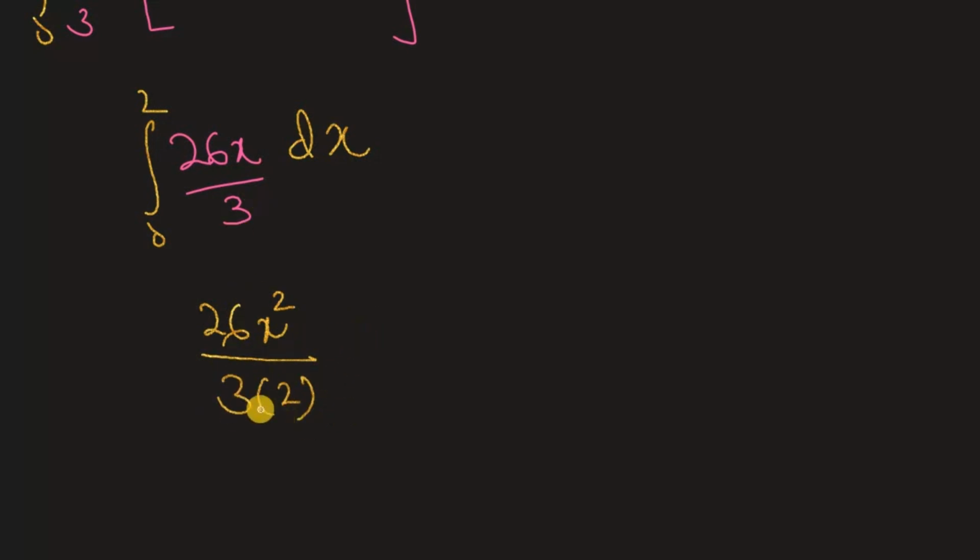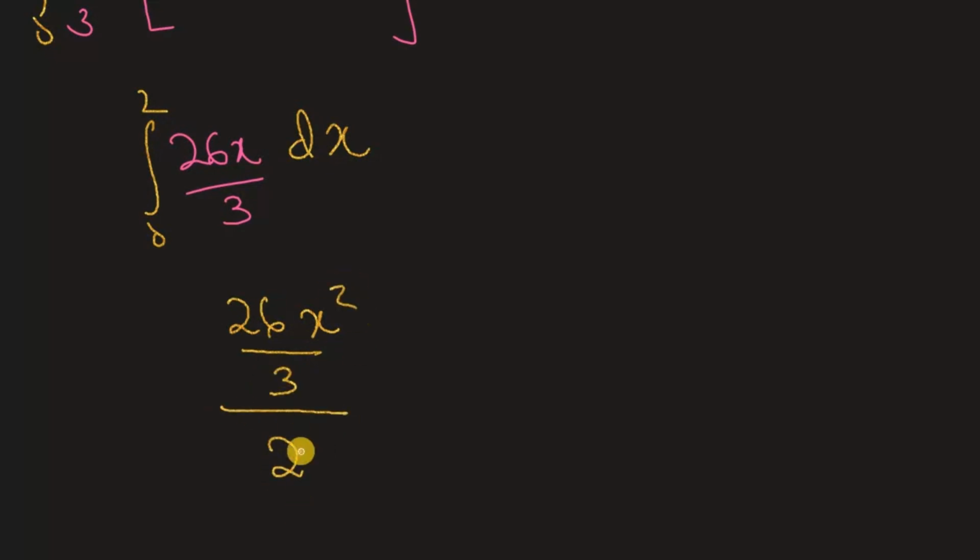If you're confused when there's a fraction like this, whether to multiply or divide, you can always convert it into a decimal and then divide by 2, or you can do something like this. It's 26x over 3, and then you can divide by 2, like this. If you put this in the calculator, it's going to give you 26 over 6, which is equivalent to 13 over 3.